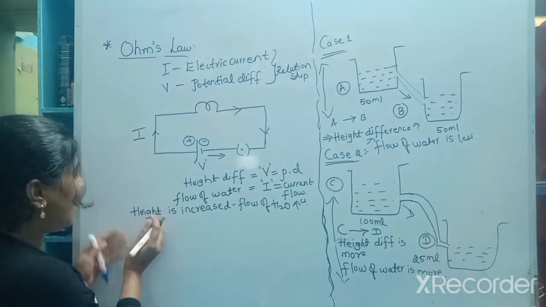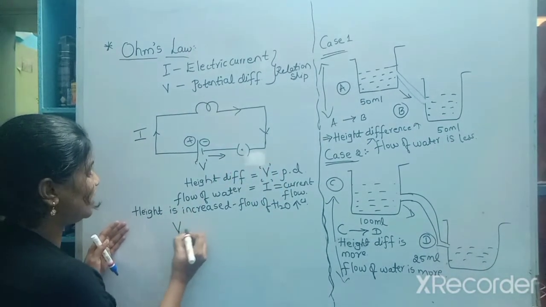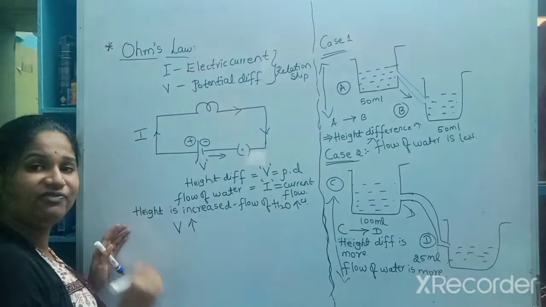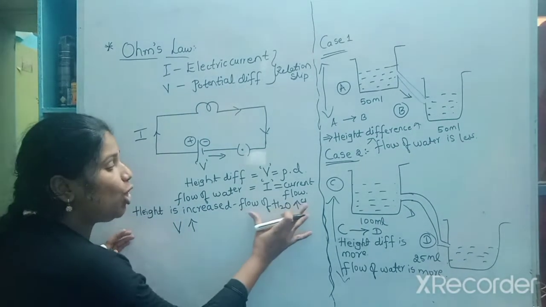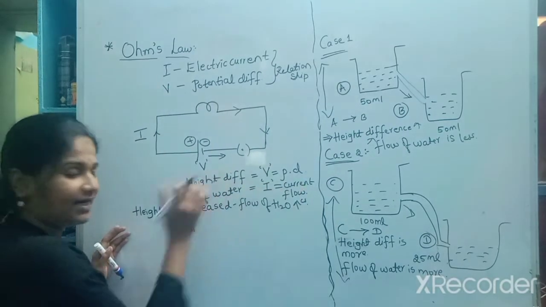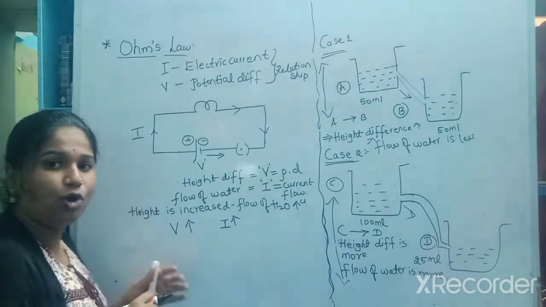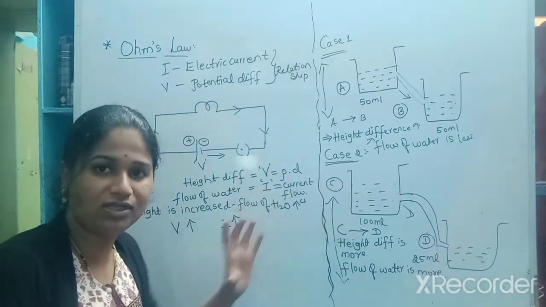Now height is related to what? We took height as potential difference. So if potential difference increases, since flow of water is related to the flow of current, current also increases. Okay, now you know how I related both the concepts.